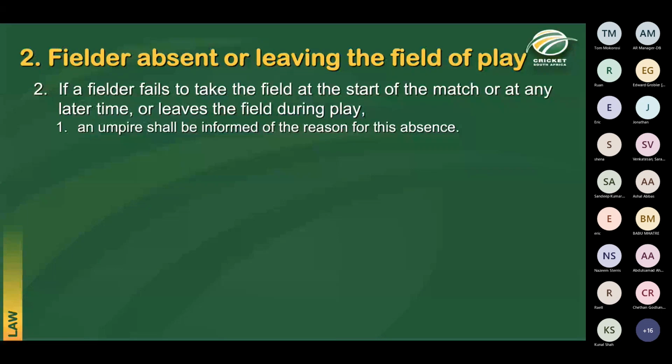And us as umpires need to always note the time that the player leaves the field or does not come back onto the field after an interval. We need to note the reason as to why that player is not on the field. And we need to remind the captain that when that player wants to come back onto the field, they need to ask us permission to allow him back onto the field.